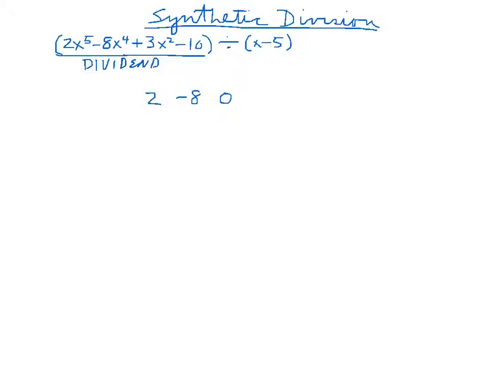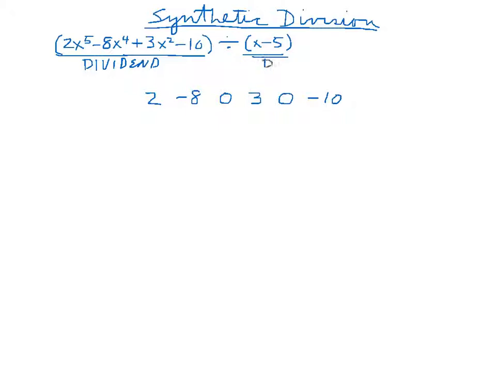You can see there is no x to the third, plus 3x to the second, plus 0x to the first, minus 10. I hope you expected that 0 for the x term if you were looking at the polynomial. Now the divisor is x minus 5.